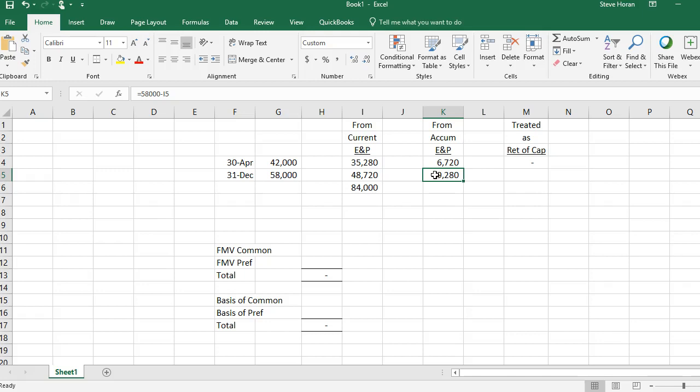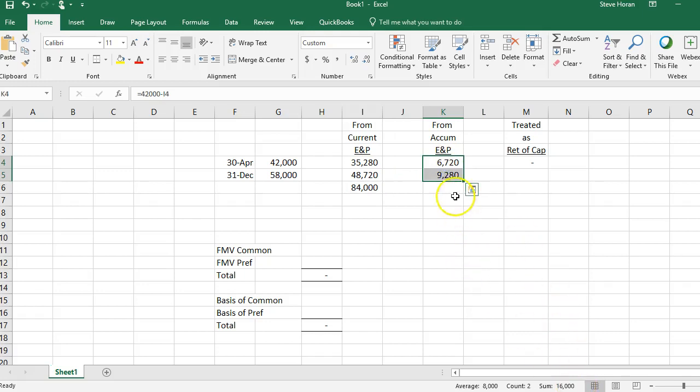So with this in mind, the question mentions they have accumulated E&P of 13,000 prior. So that's what they have in previous years, 13,000. And we just gave away the current year. So this is the current year, and the prior year is 13. Now the sum of these two numbers is 16.